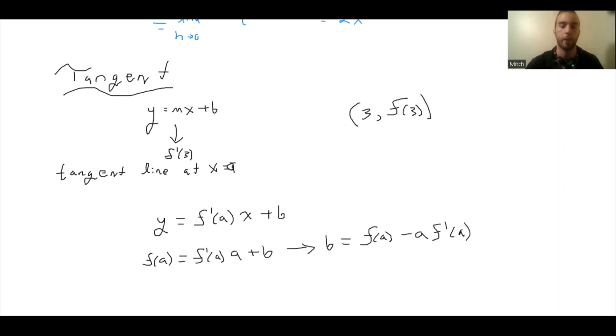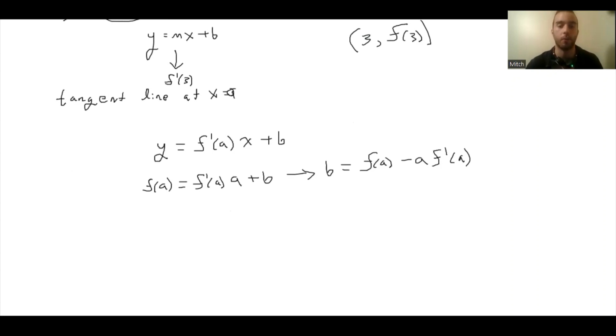And so the equation of the tangent line is always just going to look like y equals f prime a times x plus this y-intercept, which is f of a minus a f prime a.